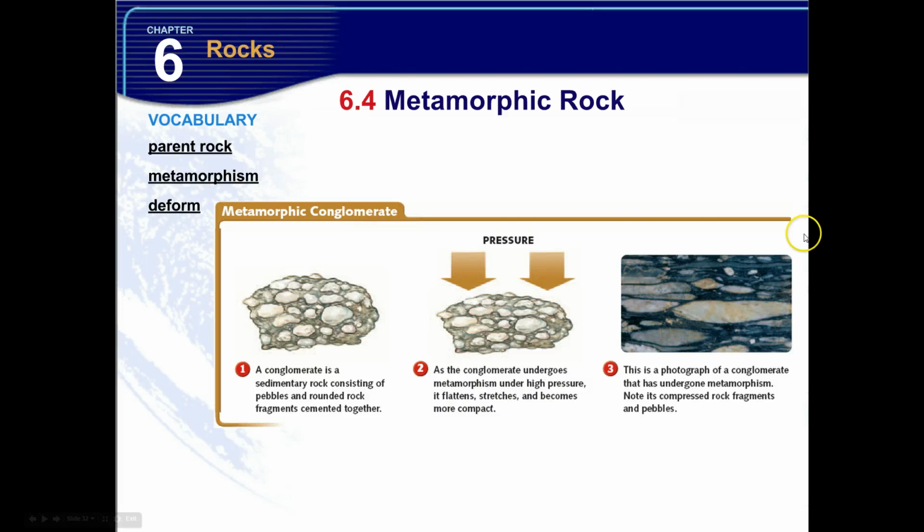And then this third photograph right here is the photo of the conglomerate, but it has undergone metamorphism. And you can see how flattened and squished and compacted these sediments that used to be round are. Now they're flattened. So this would be an example of a metamorphic rock. So this is metamorphism.